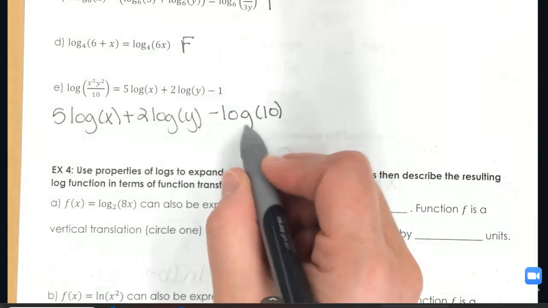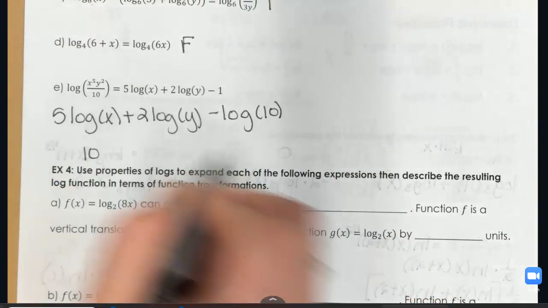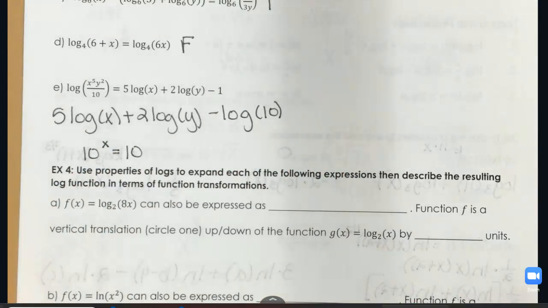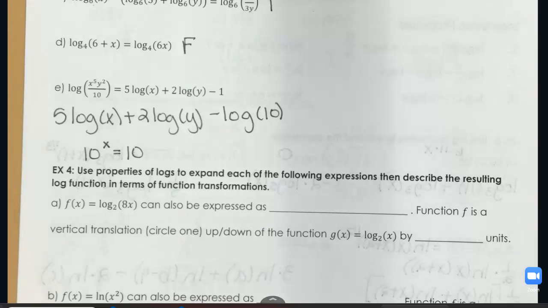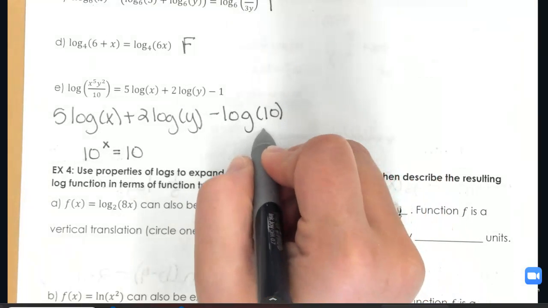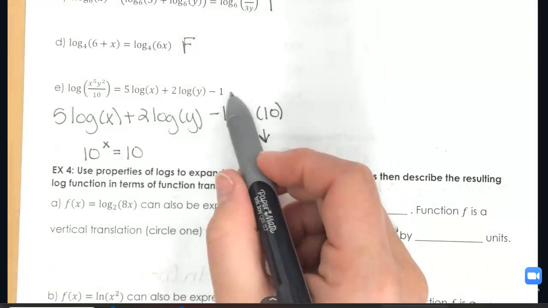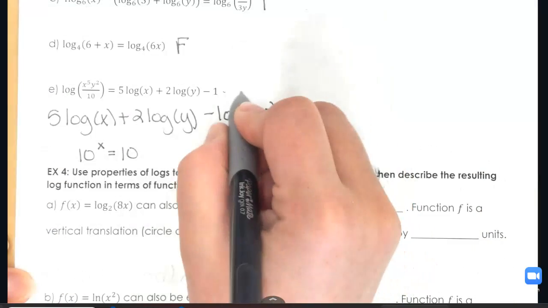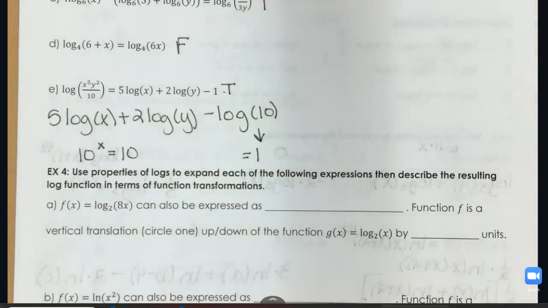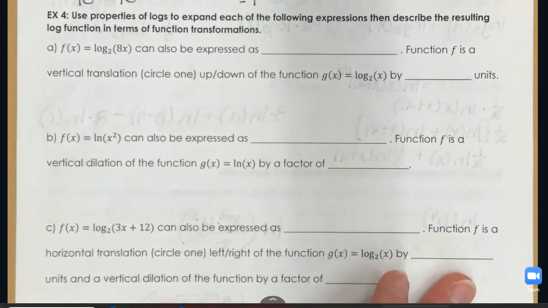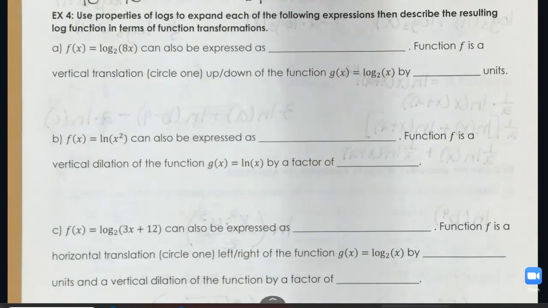Remember, if there's no base written, we're assuming it's 10. 10 to some power equals 10. Well, 10 to the first power is 10. So that means that log of 10 is equivalent to 1. So they had that minus 1 at the tail end, so they did this properly. That is true.